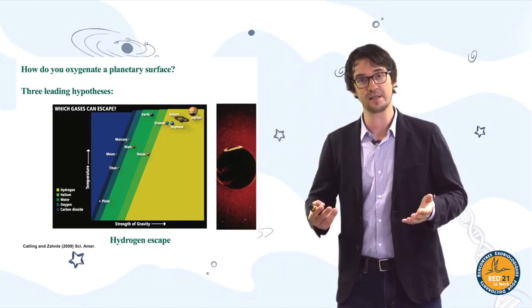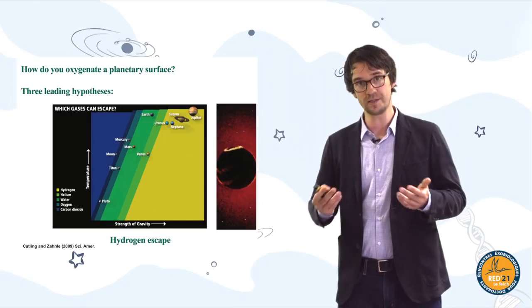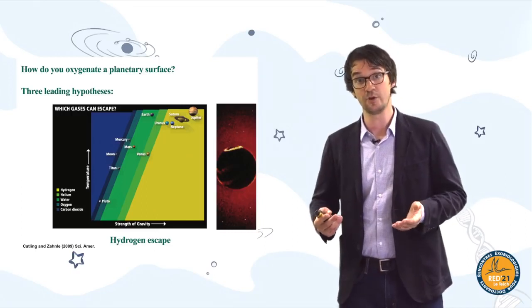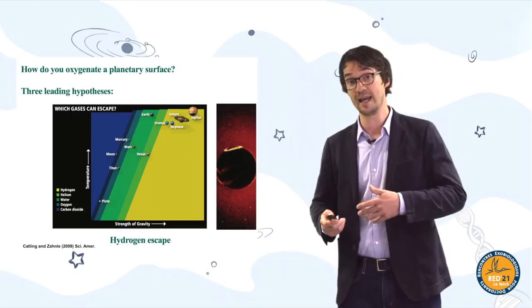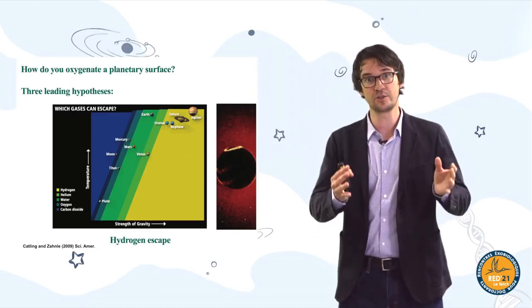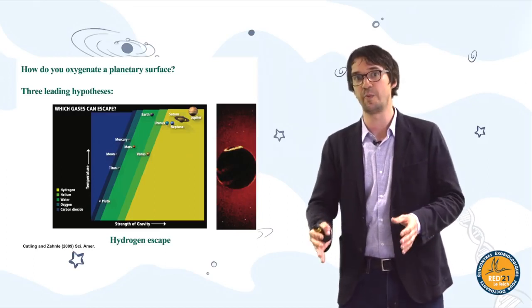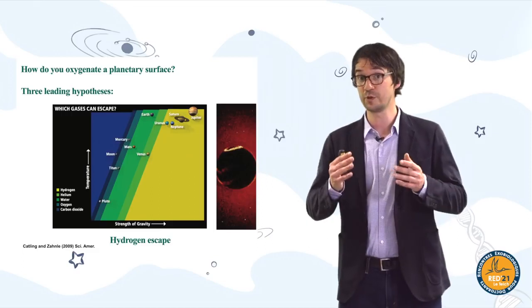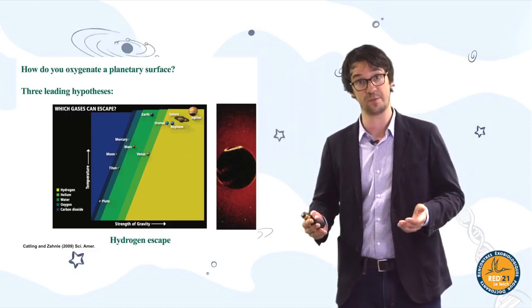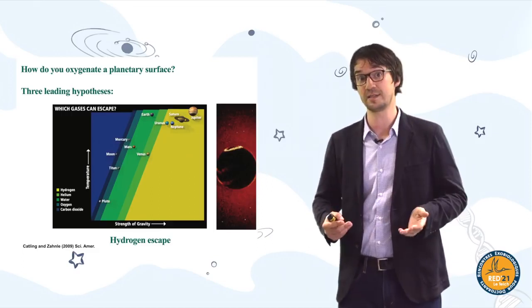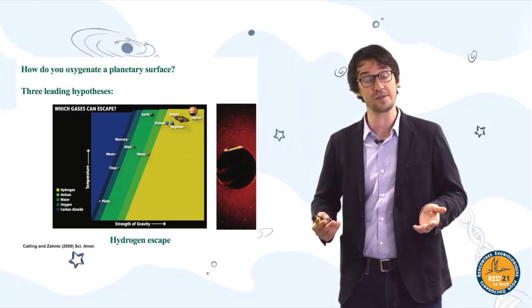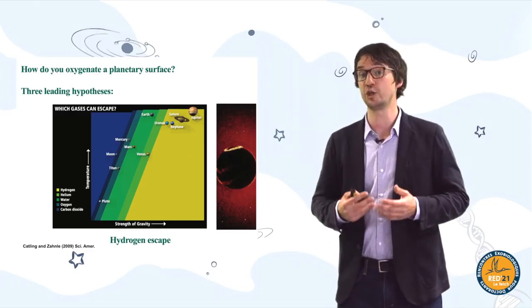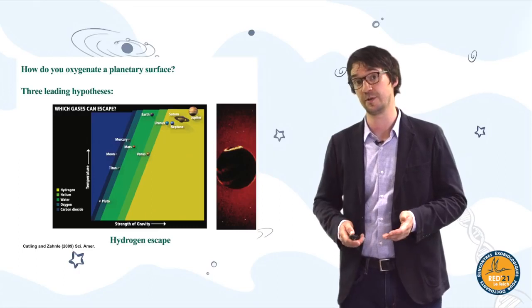And by this process of water vapor photolysis in the upper atmosphere and retention of oxygen and escape of hydrogen, this slowly leaves oxidizing potential behind, the oxygen, while reducing power, the hydrogen, escapes to space. And so this process, over billions of years, results in an accumulation of oxygen in Earth's atmosphere.